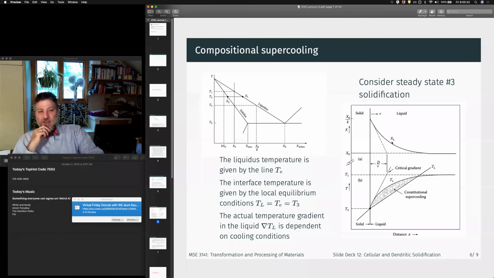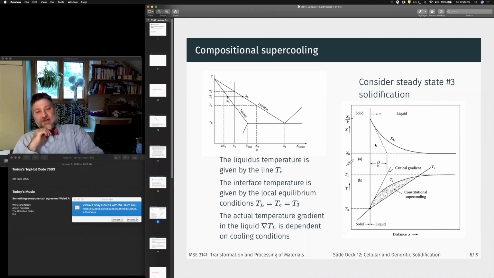So now we add the issue of the thermal gradient. If we had no composition gradient, I've got heat flow going through the solid, so this should be stable.